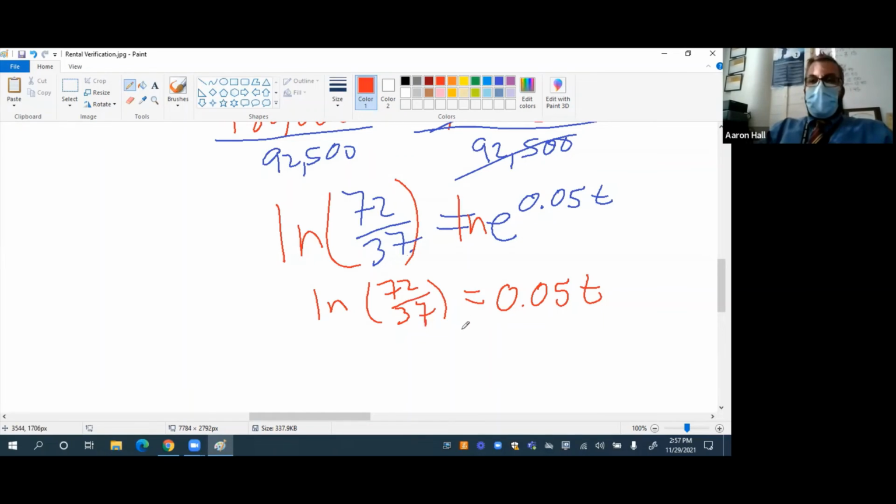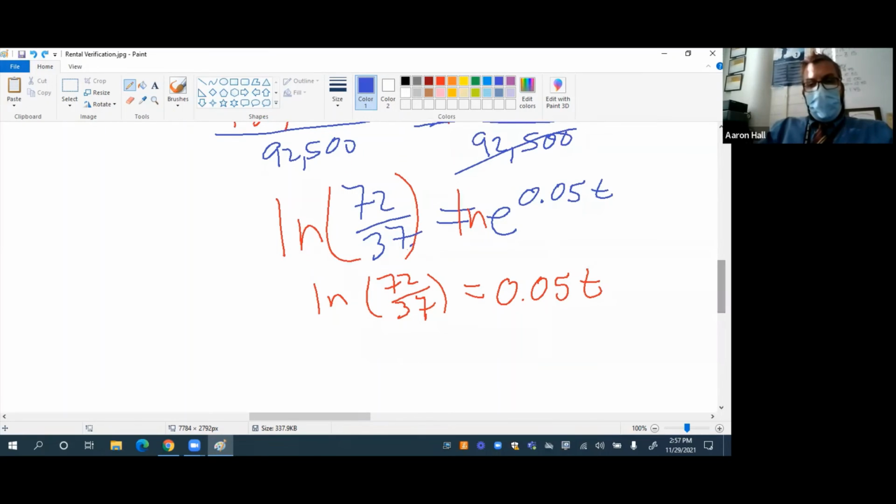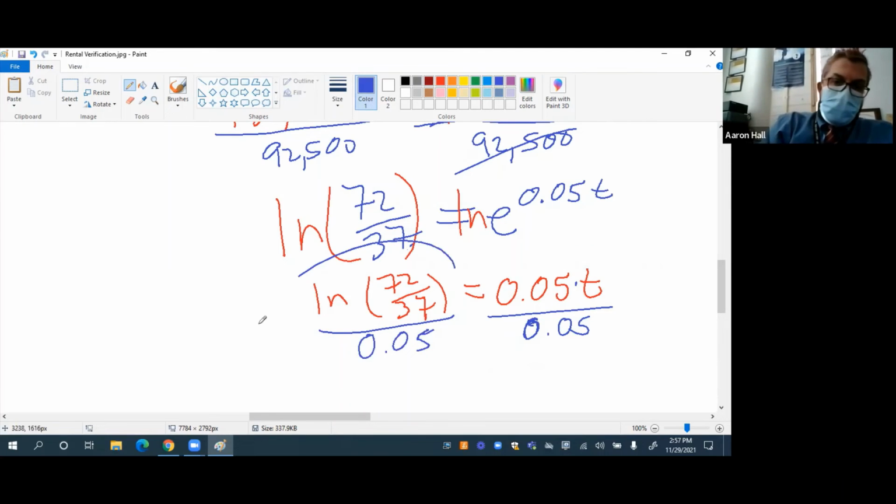Okay. So again, my goal is t equals something, to get t by itself. What's the next step? Yeah, this is times, so we're going to divide both sides by 0.05. Now we can finally round. Throw all that into your calculator. How many years?